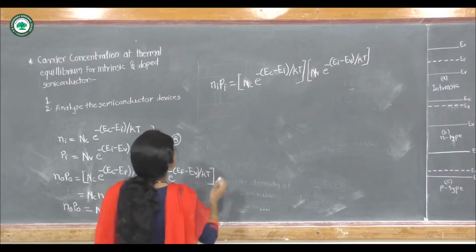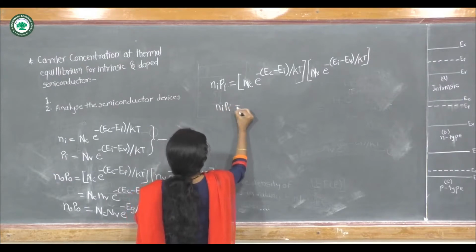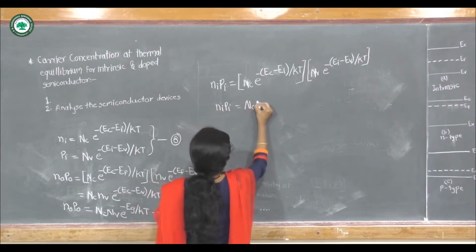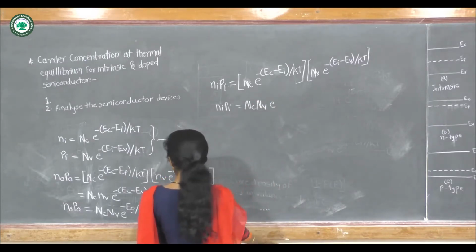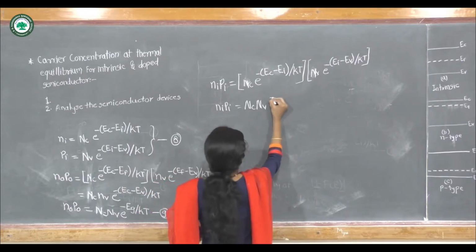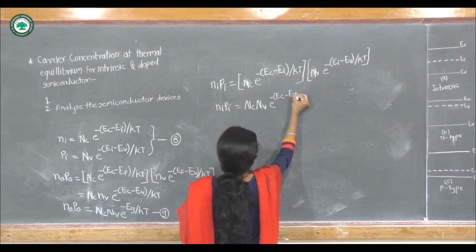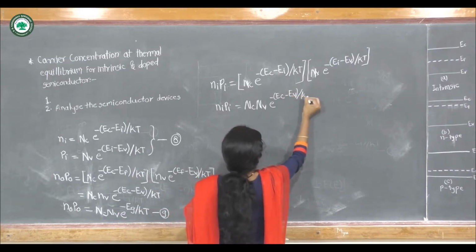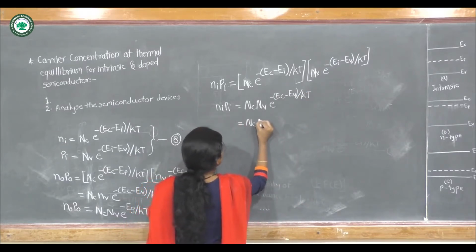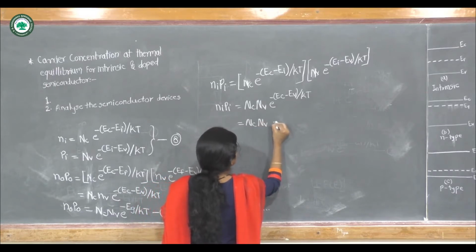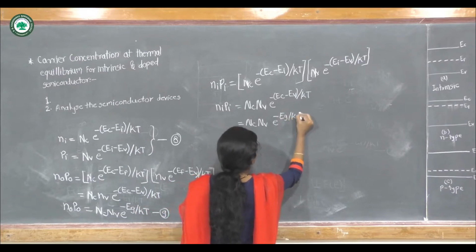So this product ni pi is given by Nc Nv into e raised to minus (Ec minus Ev) upon kT, and which is equal to Nc Nv into e raised to minus Eg by kT.